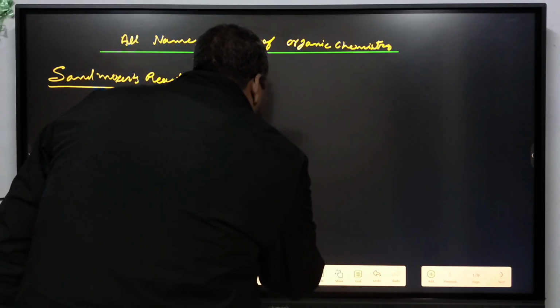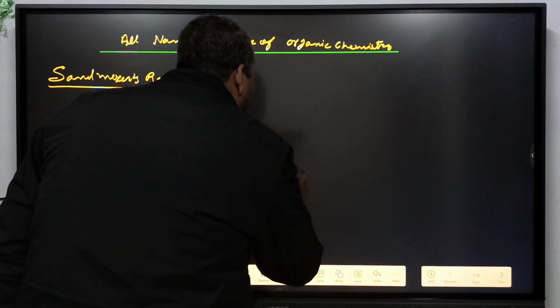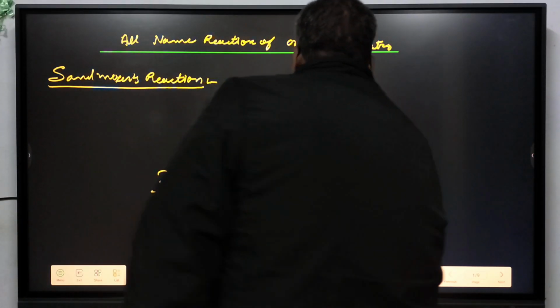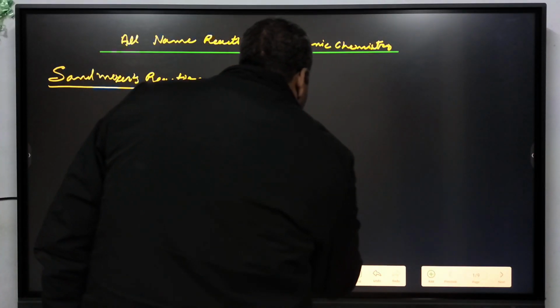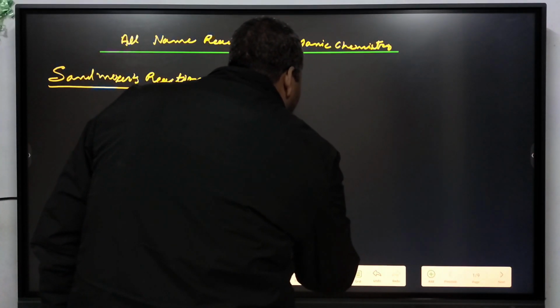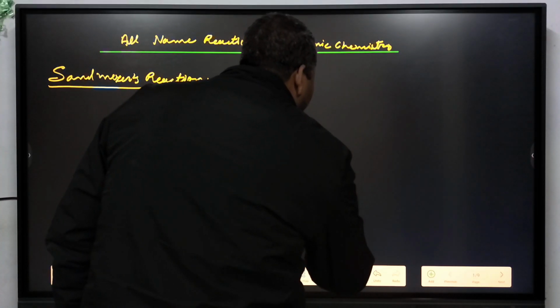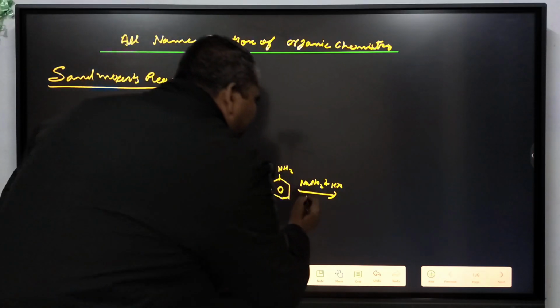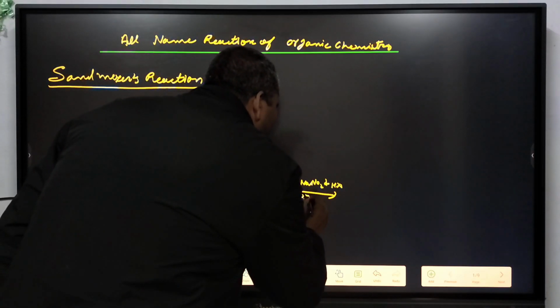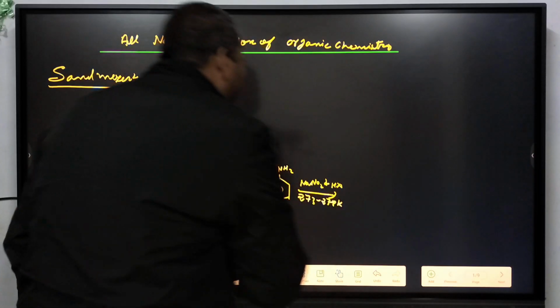In this reaction, aniline reacts with sodium nitrite and mineral acid, HX, at a low temperature, 273 to 278 Kelvin.